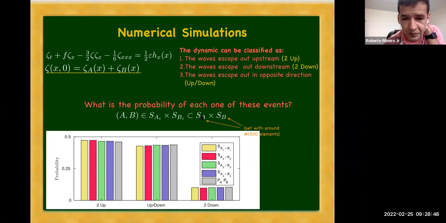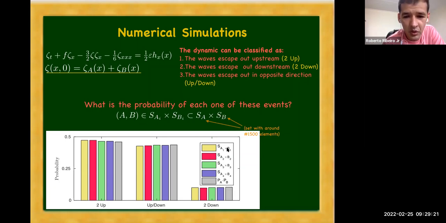We consider a certain set SA and a certain set SB, and each set has more than 1,000 elements. We take the Cartesian product of the sets, and as this Cartesian product is a big set, we take some subsets of it, and we consider values of A and B in these subsets.